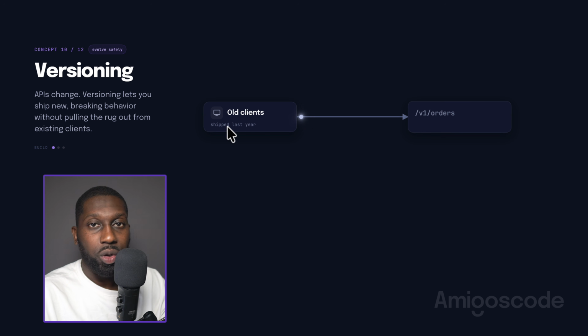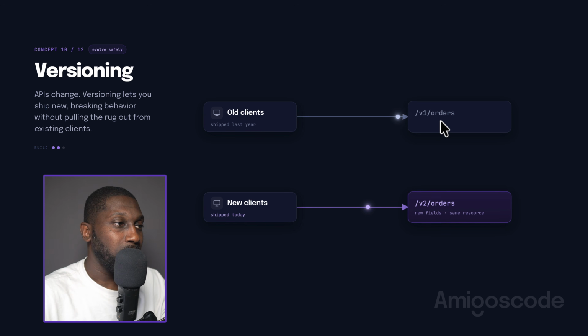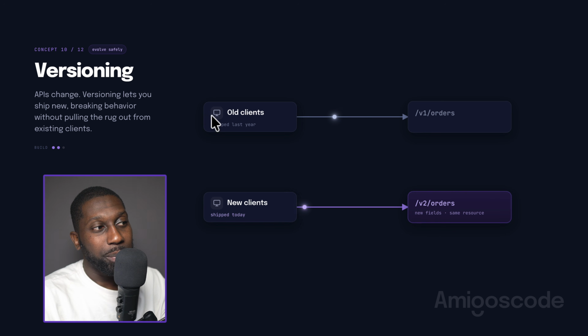This maybe you shipped some time ago, and the new clients in here, so this allows you to have a new version of the API whilst you keep the old version backwards compatible, and then you can use deprecated, and then usually you can phase out or migrate the old clients by maybe blocking the app and saying like you need to upgrade now to the latest version.